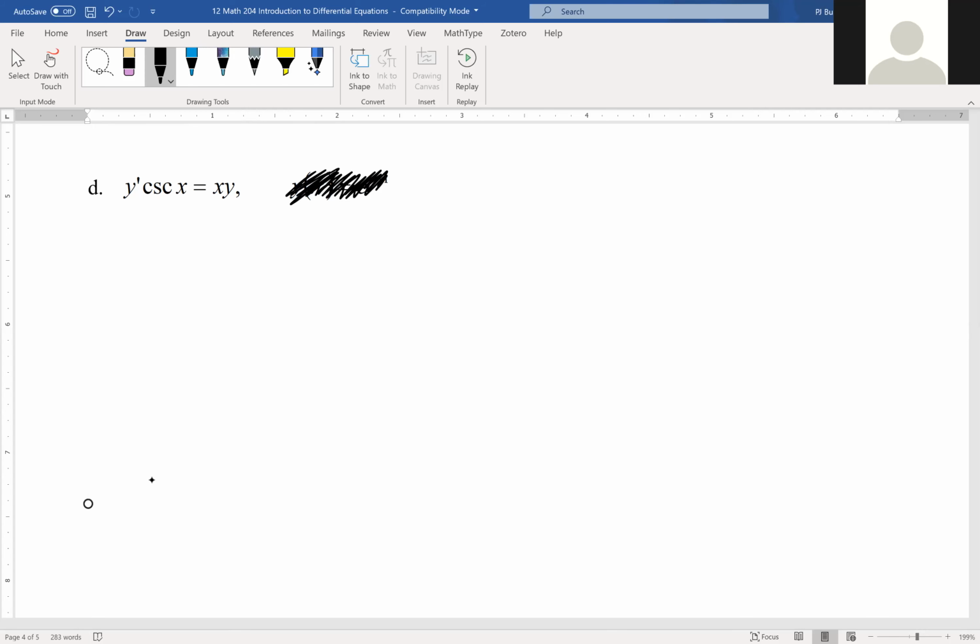So this is first order. I see the first derivative is the highest derivative given. Now, because it's separable, the best choice is probably to immediately write it this way, because we know we've got to get all the y's on one side, all the x's on the other.